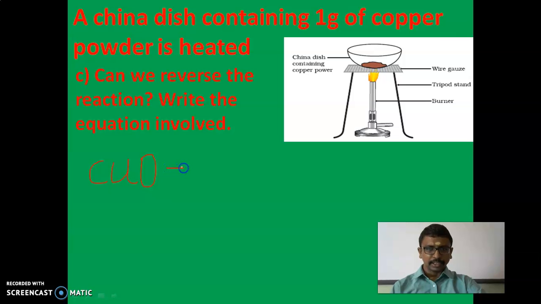So with that, when we pass hydrogen gas with copper oxide, the black color of copper oxide is converted to brown color of copper.